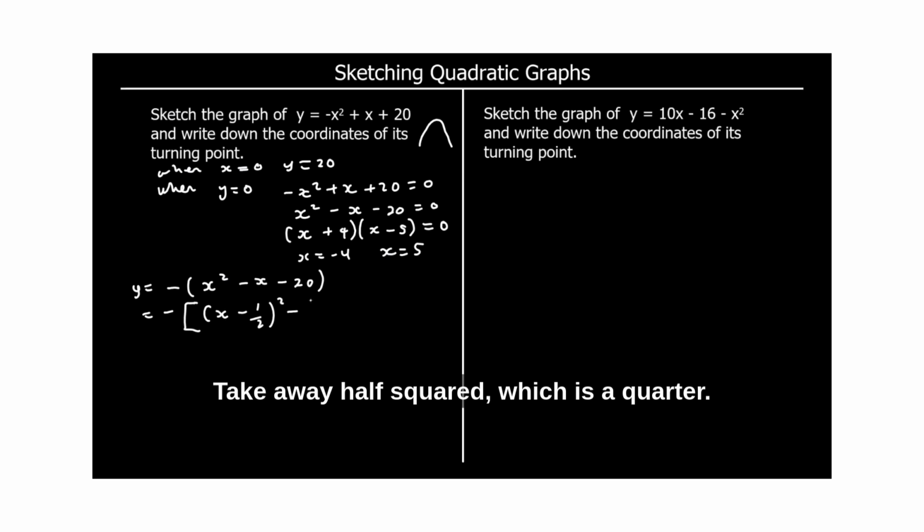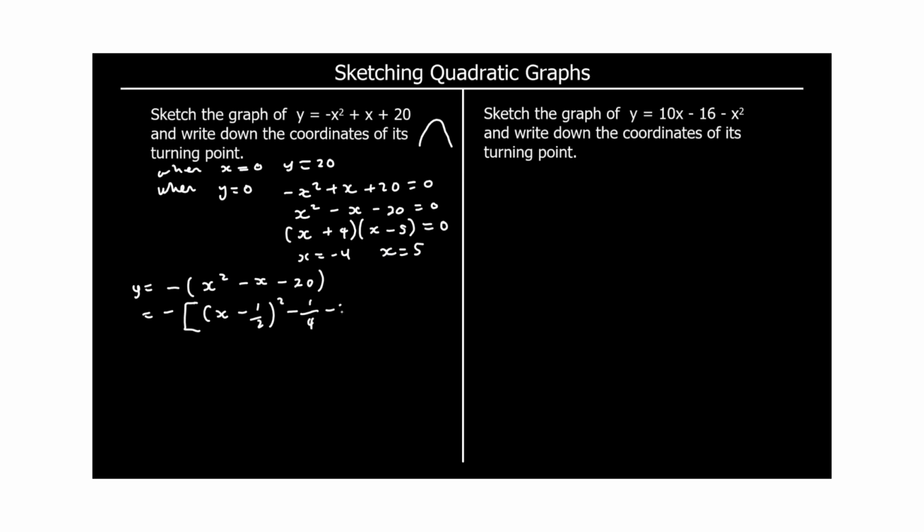Take away half squared, which is a quarter. 20 will be 80 quarters. So minus a quarter, take away another 80 quarters, we get minus 81 quarters.